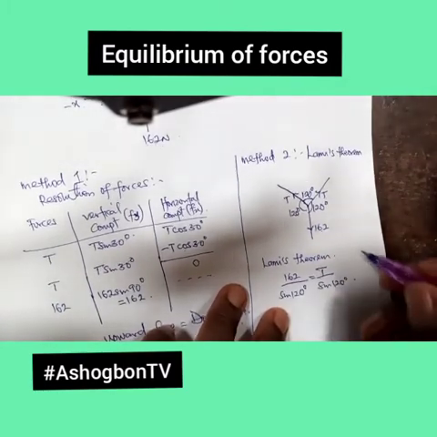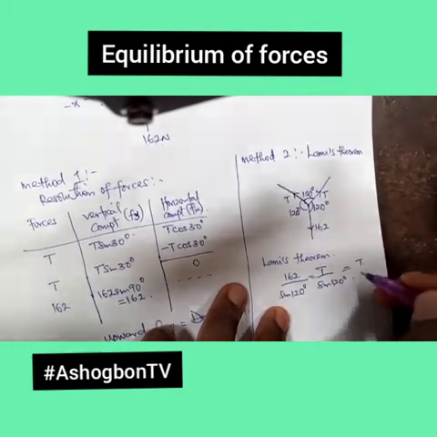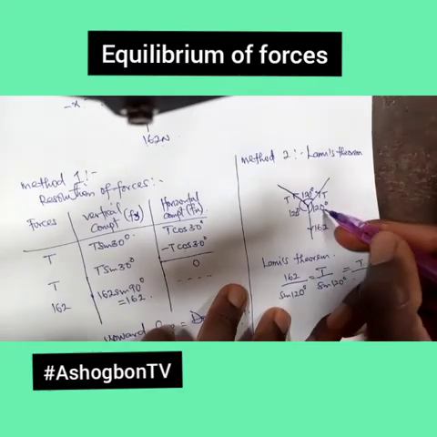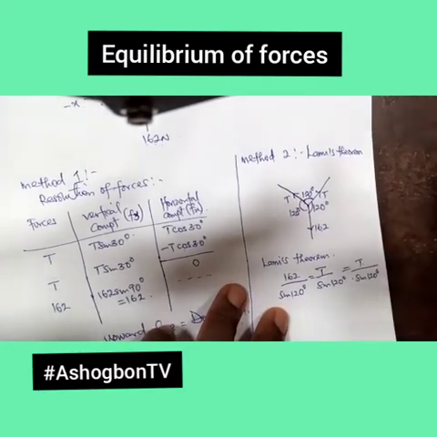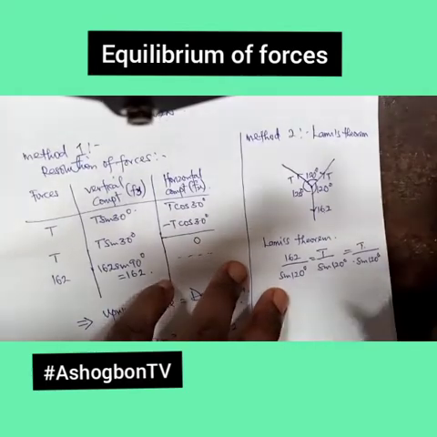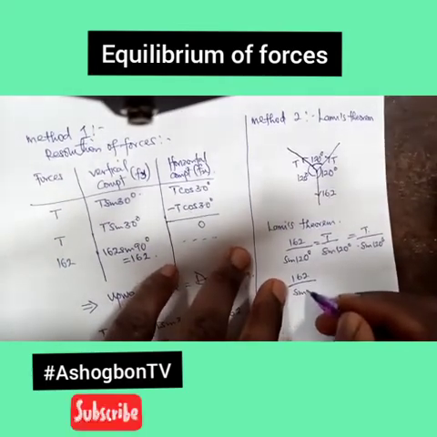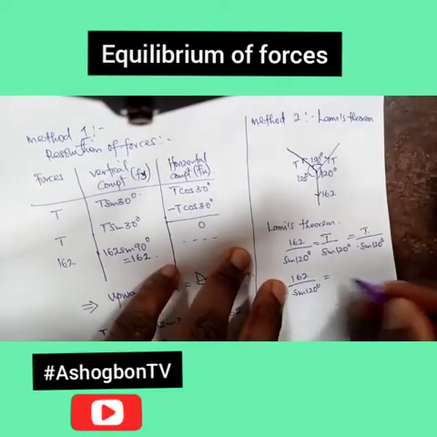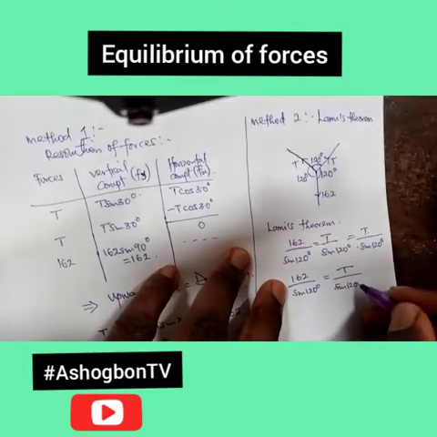Very good. And of course, if you want to do the next one, in case you are given two different forces, this is also going to be T, and that means you also have the same 120 degrees. So in this case, I'm just going to solve for one, and from there I will get my tension. So this is going to be 162 over sine 120 degrees equals T over sine 120 degrees.